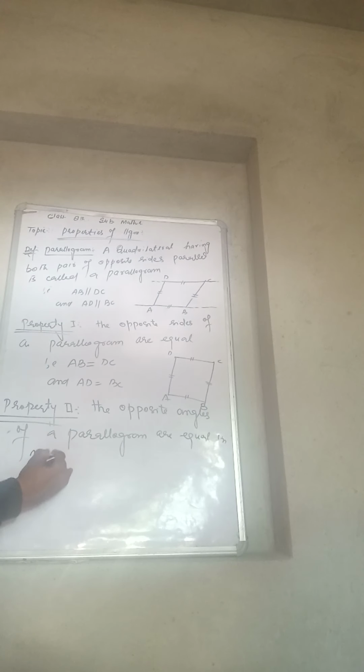Equal in measure. What is the second property? The second property is that the opposite angles of a parallelogram are equal in measure.